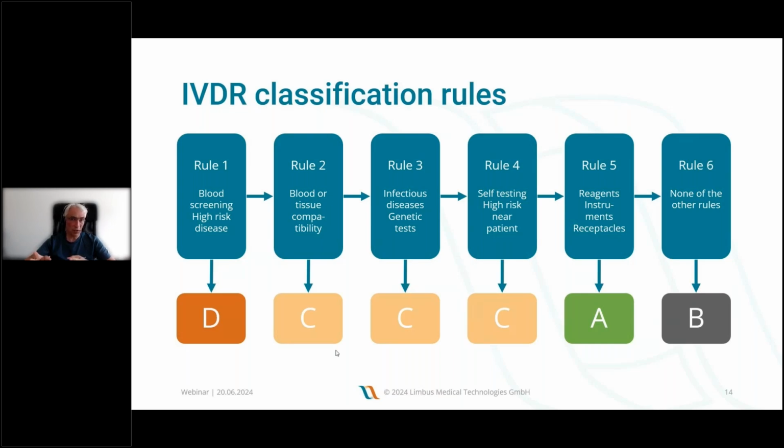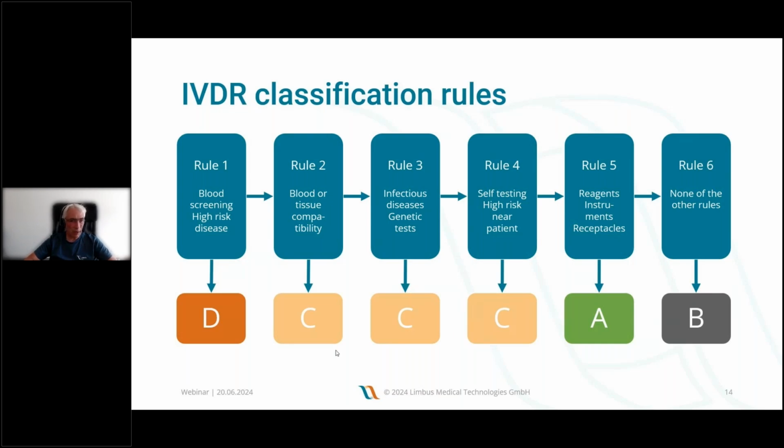Your in-house devices are exempt from that, but just to give you context, in general, the IVDR only sees class A as low risk and with lesser restrictions and lesser requirements. This is kind of a simplification of the entire rule set. I've left out a rule, but these are the rules that are interesting for us.